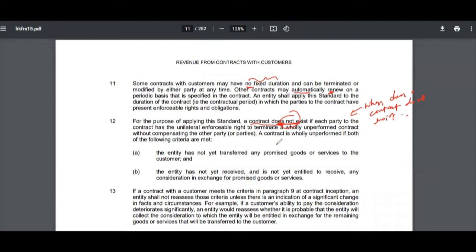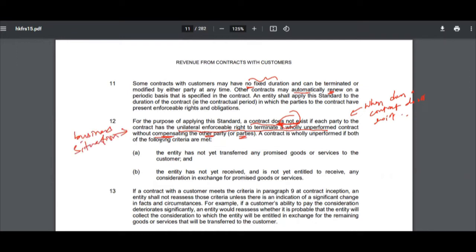But then there's this additional thing here, that the contract does not exist if each party to the contract has a unilateral enforceable right to terminate a wholly unperformed contract without compensating the other party or parties, right? So this is a business situation.